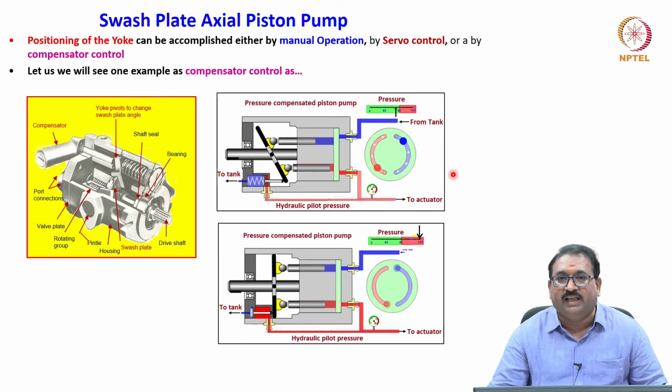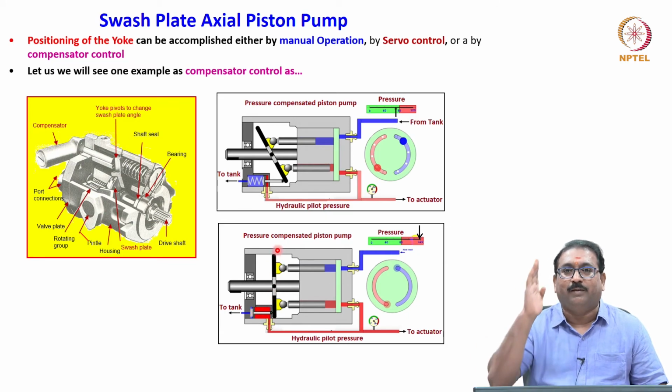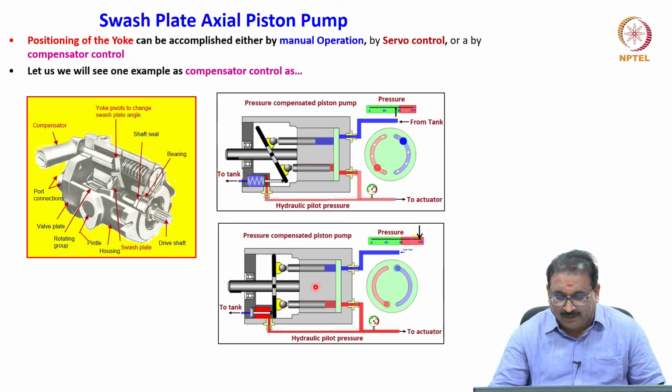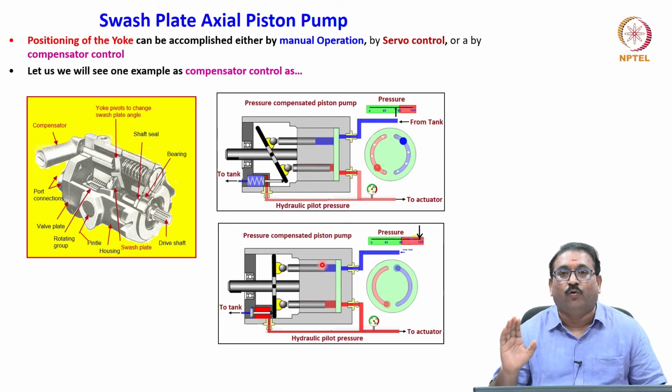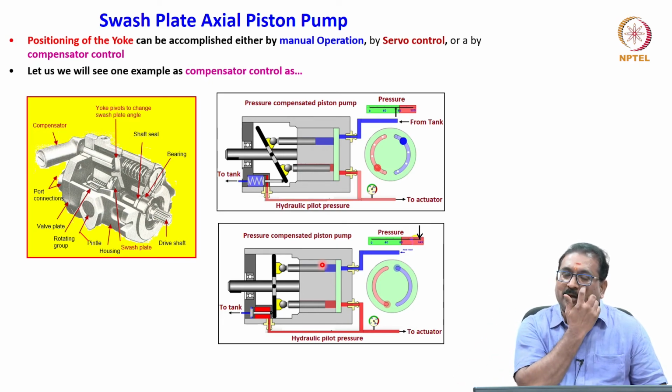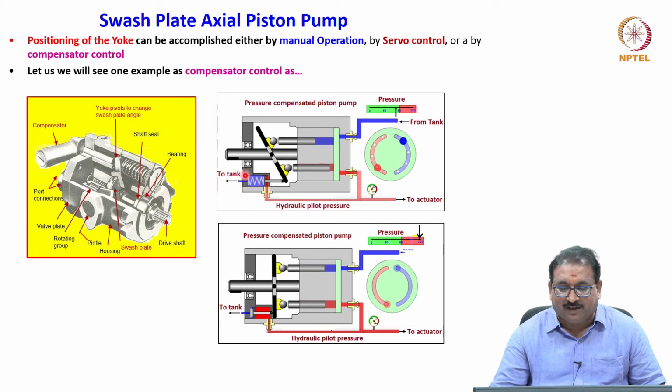When pressure starts increasing beyond 75 bar, when it reaches 120 bar, the spring is compressed. Then this swash plate comes to the middle position, and the pistons are on the same line. At that time there is no flow. This is an arrangement made between the compensator spring and the monitoring of the outlet pressure, moving this swash plate through this hydraulic arrangement, pilot signals.